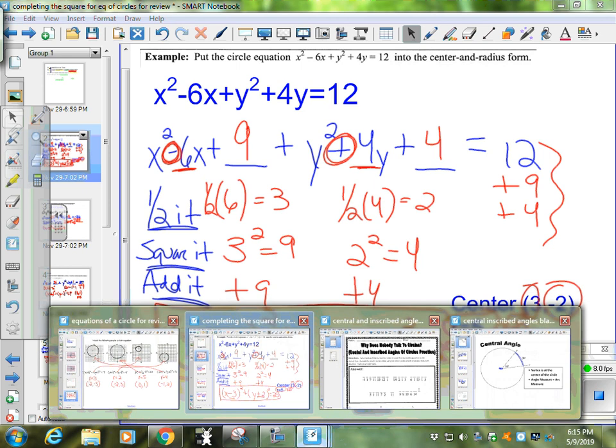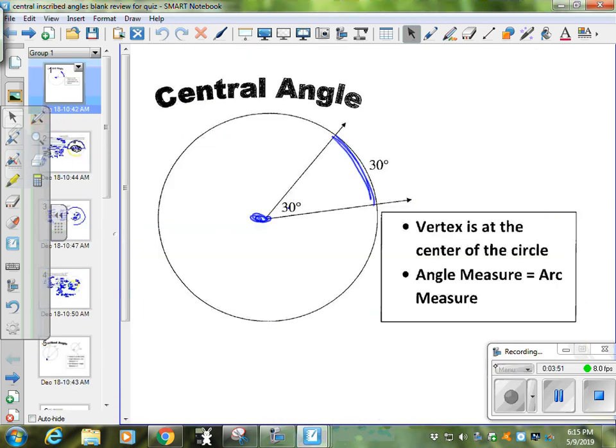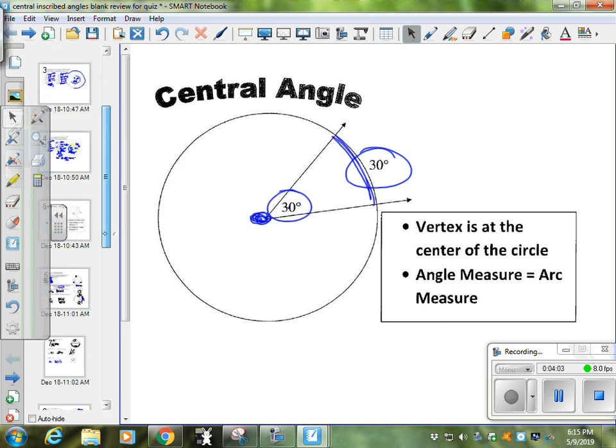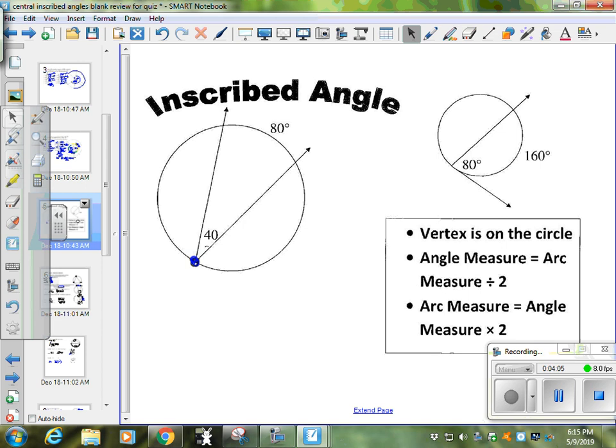Now, going to central angles. Remember, a central angle is at the center of the circle, and it has the same measure as its arc. When we talk about inscribed angles, we talk about the point on the circle, and they don't have the same relationship.